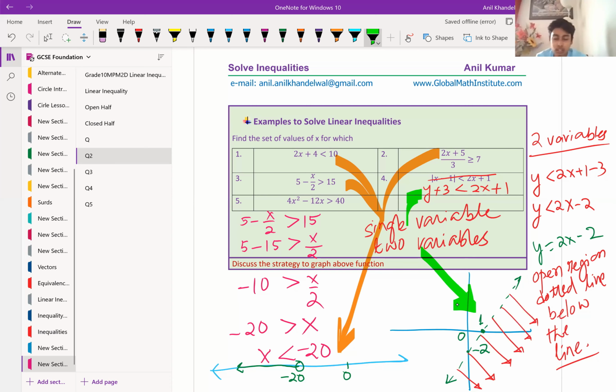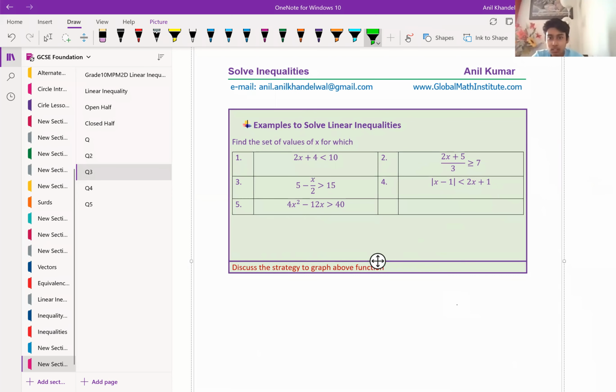Okay, now we look into the next question, which is a quadratic inequality: 4x squared minus 12x greater than 40. How are we going to solve this particular type of inequality? Can you suggest? So 4x squared minus 12x is greater than 40.